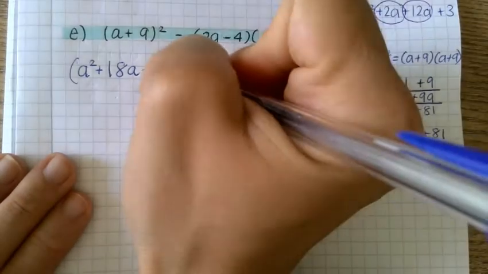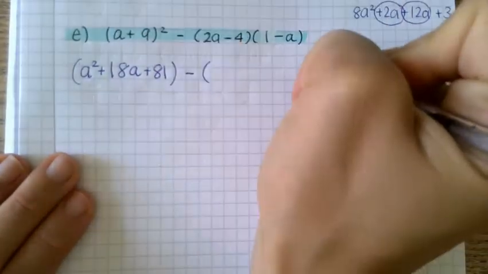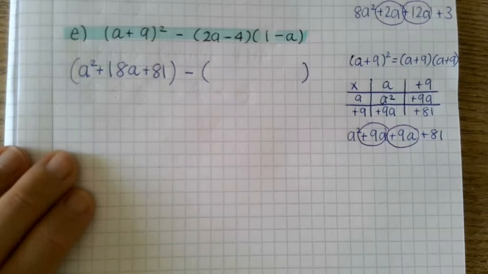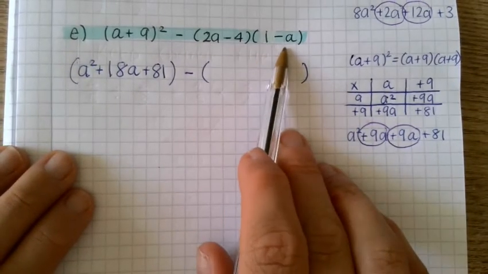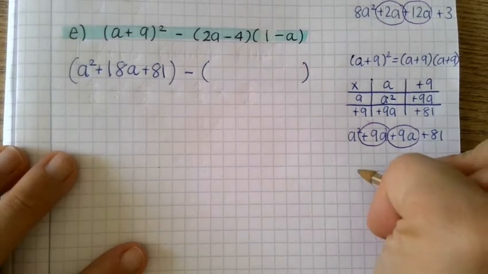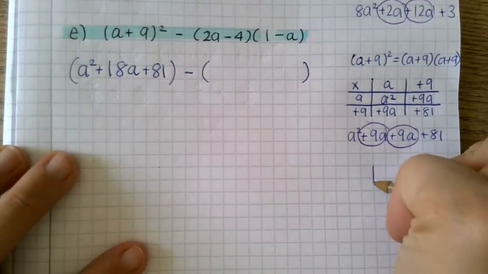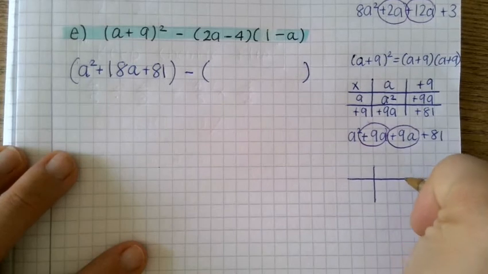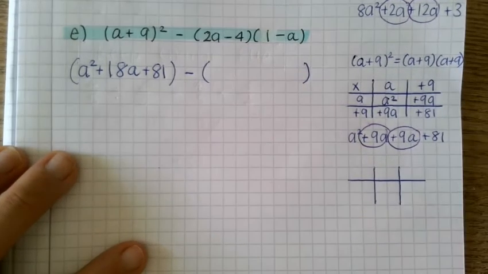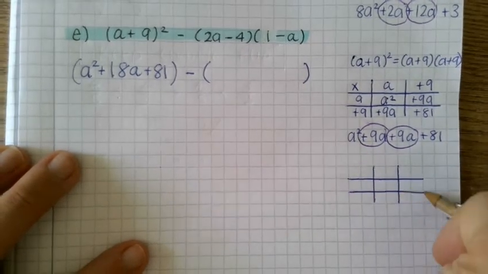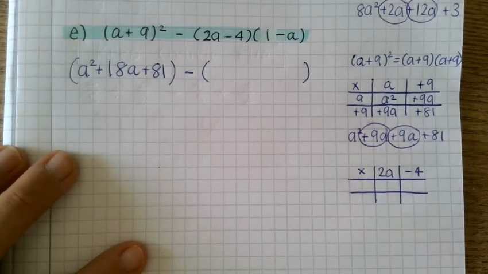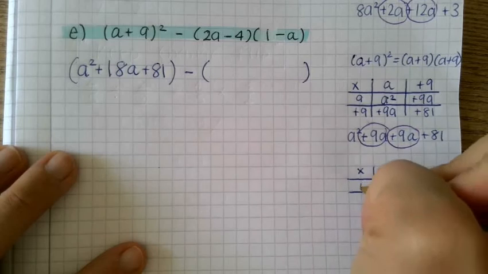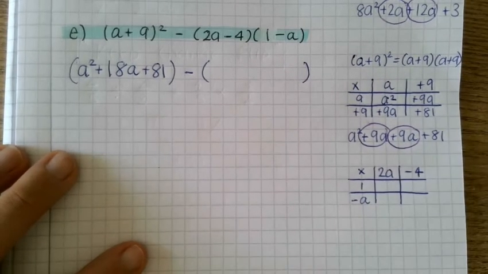And now I want to subtract the next thing. Okay, and the next thing is going to be 2a subtract 4 multiplied by 1 subtract a. So I need a grid method for that. And I'm doing 2a subtract 4 multiplied by 1 subtract a.